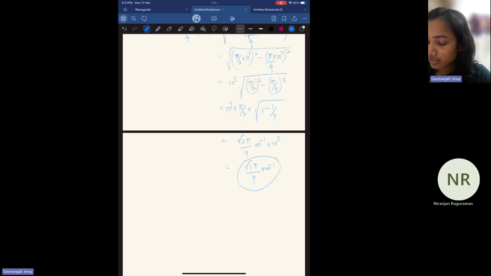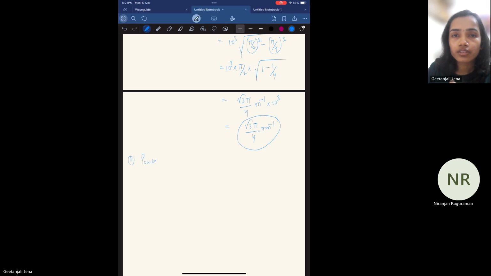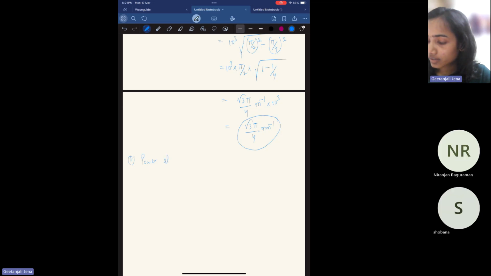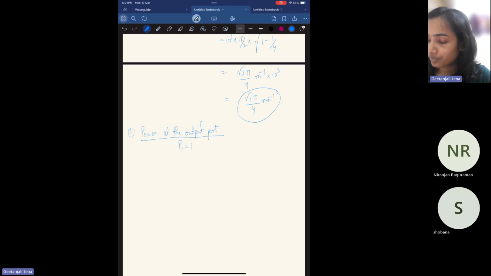Now we can easily calculate the power at the output end, because we know gamma and we know L. So the power at the output port, given P0 is 1: P1 at z equal to L is 1 minus kappa square over gamma square sine square gamma z, and P2z will be kappa square over gamma square sine square gamma z.